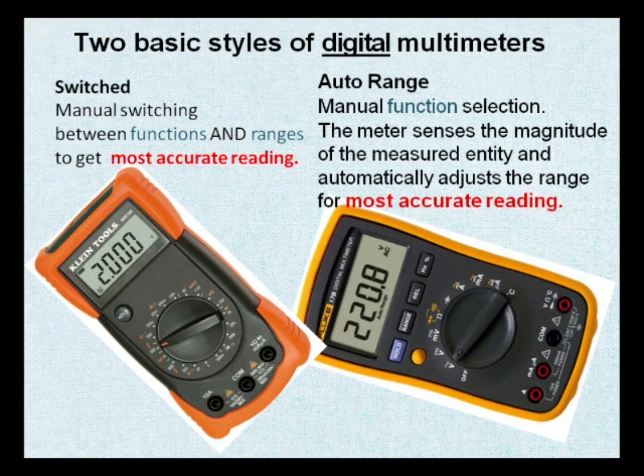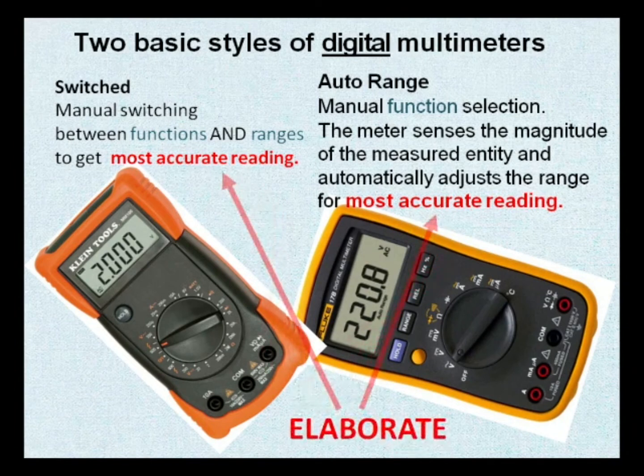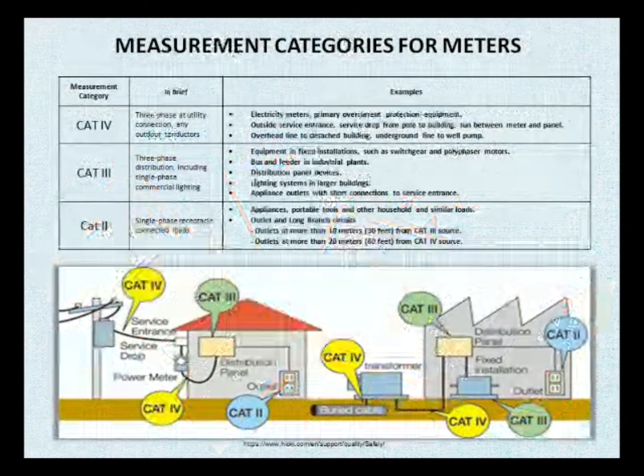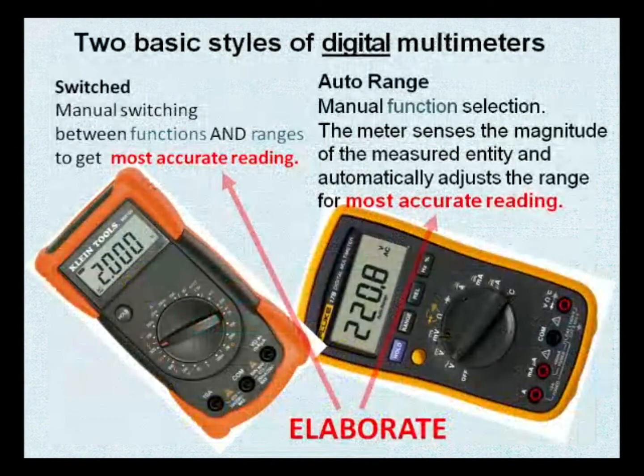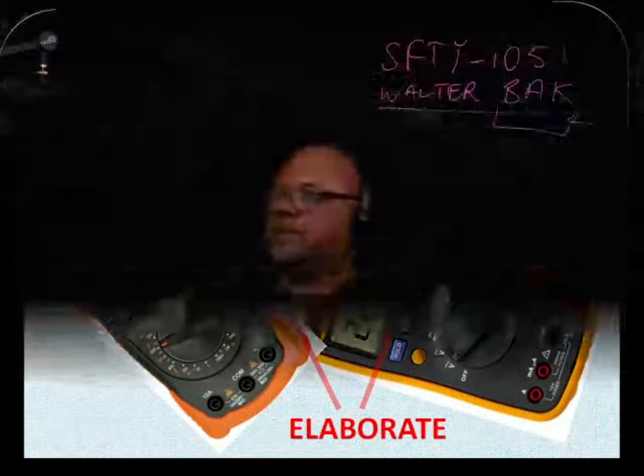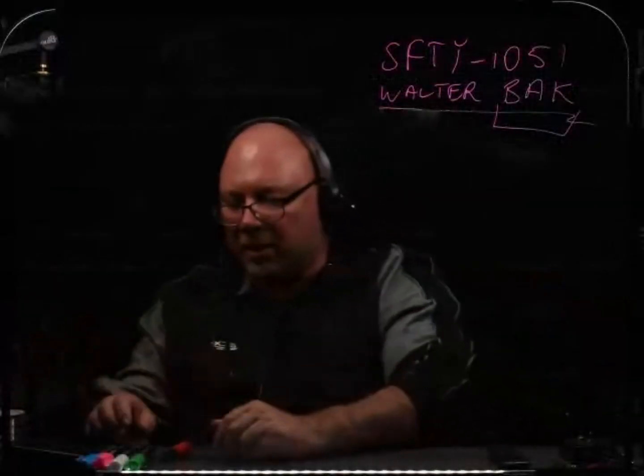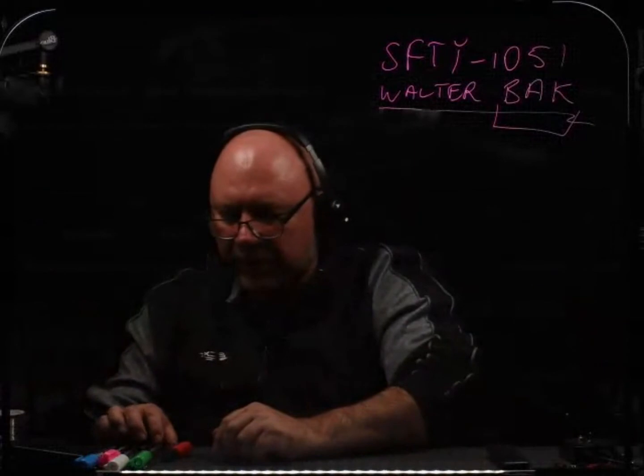All right, so I'll just look at that. I can make this thing red. All right, so most accurate reading, and I just made a note for myself that says elaborate on that. So how can we elaborate on this most accurate reading? Okay, let's say you have an analog meter and you have a scale on the analog meter.